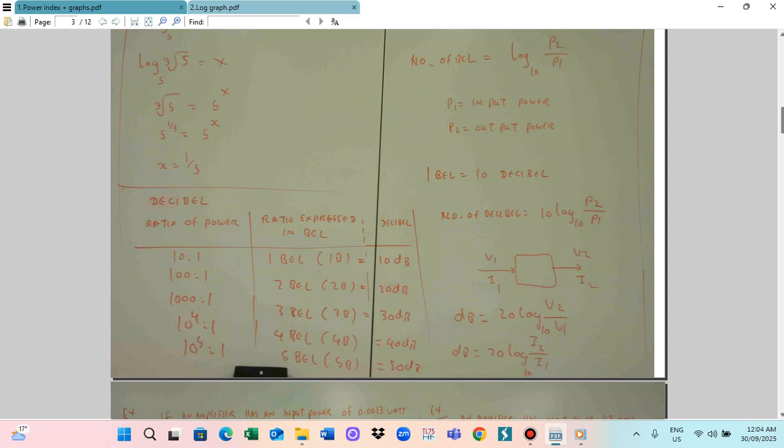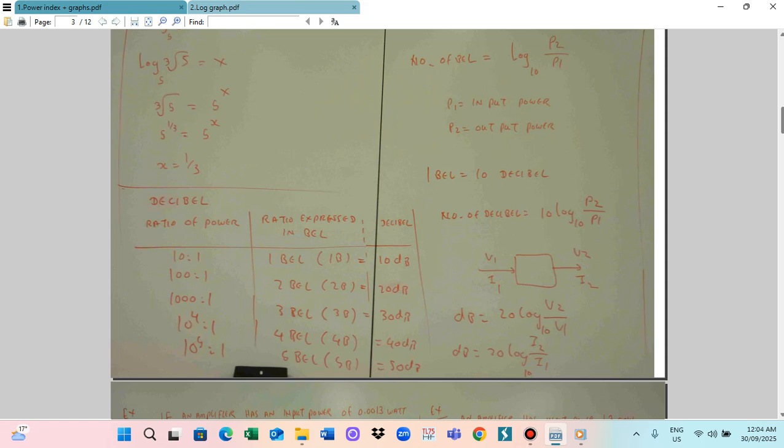Instead of writing 2 bel, you can write 20 dB. Instead of writing 3 bel, you can write 30 dB, or also 40 dB and also 50 dB. So this is for the bel and the decibel.